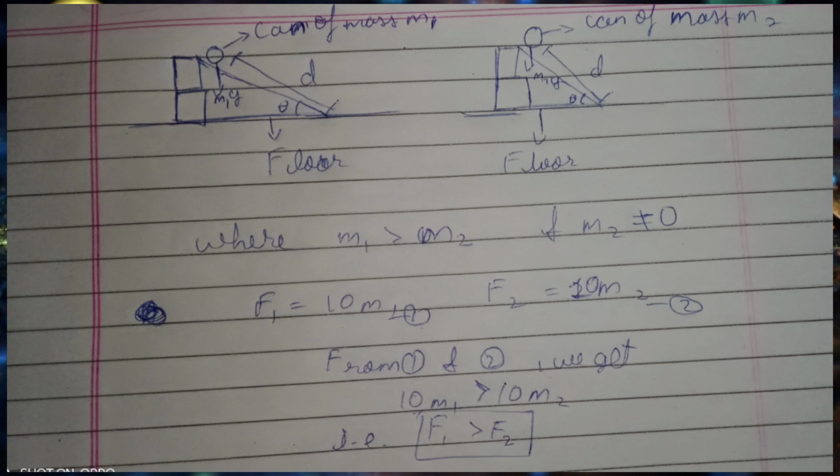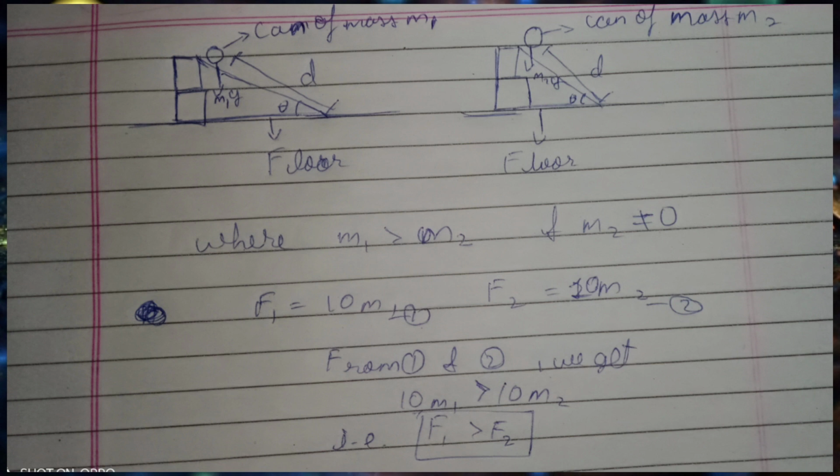The force felt in the filled can is m1g, while the force felt in can 2 is m2g, and that is, force 1 equals 10 m1, while the force in the second can, that is the empty can, equals 10 m2.